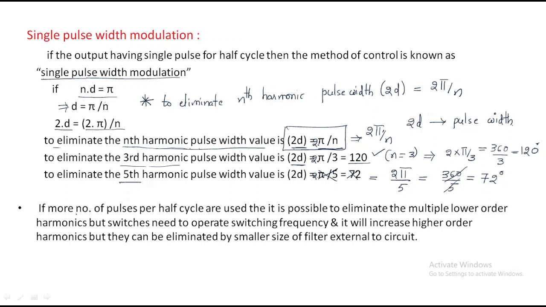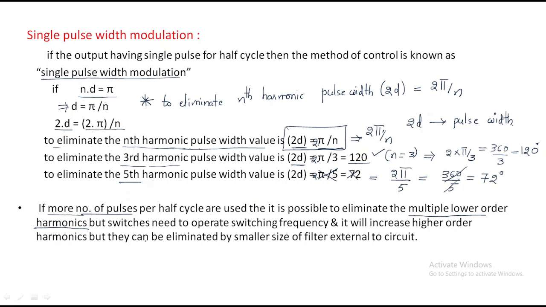If there are more pulses, in order to increase the pulses, up to now we discussed the single pulse per half cycle. But if more pulses per cycle are used, it is possible to eliminate multiple lower order harmonics. Understand? For a single pulse, we remove a single harmonic.